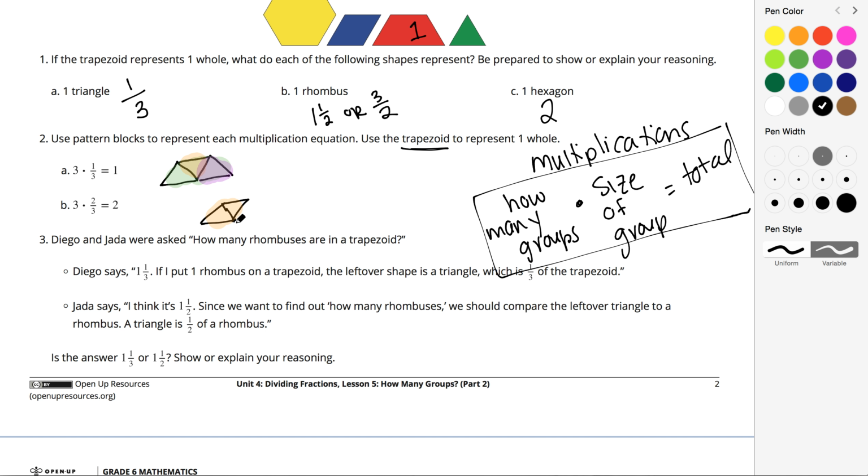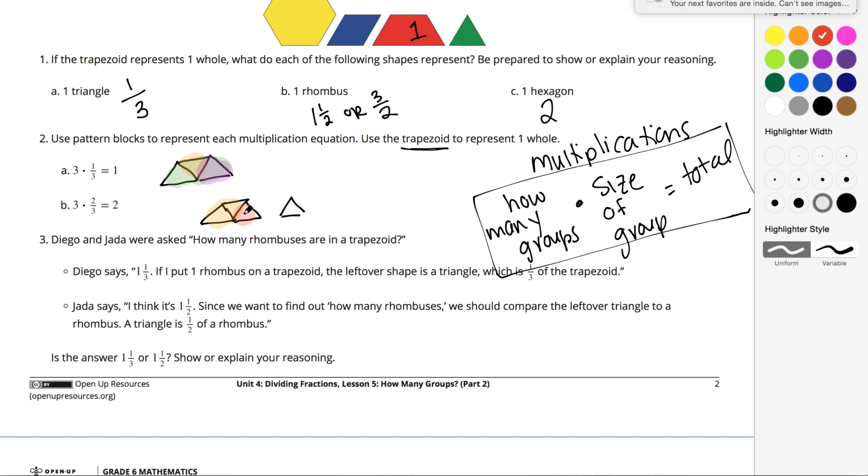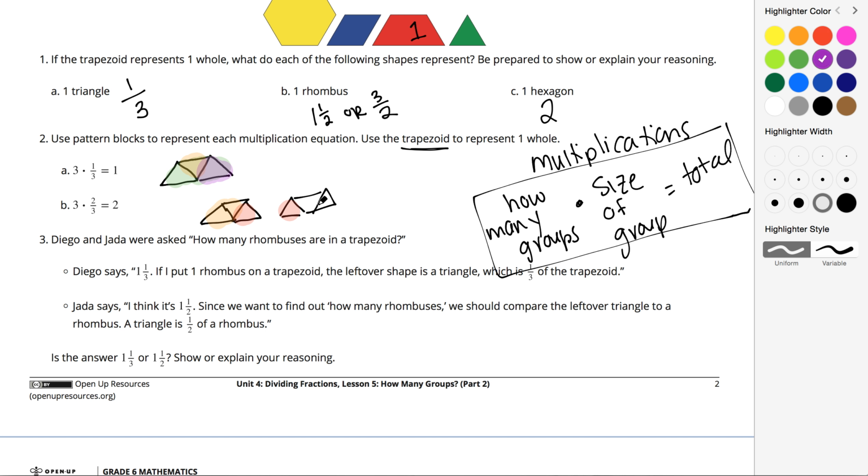Now I need to draw another 2. Here's group 2. And I need to draw another 2 for my last group. Group 3. So I have 3 groups: the orange group, the red group, the purple group. The size of 2 thirds, there are 2 triangles in it, equal 2.